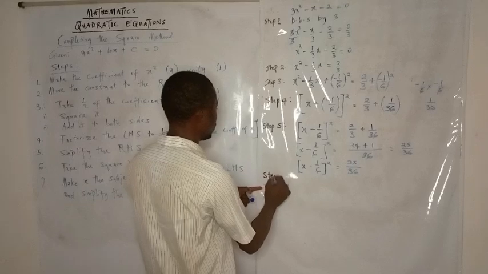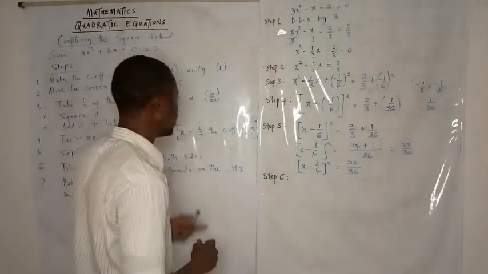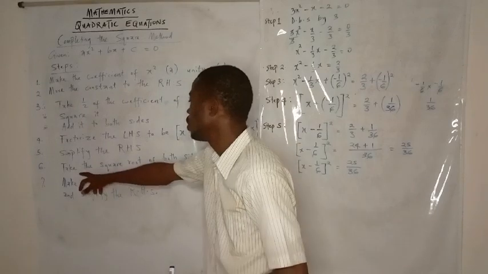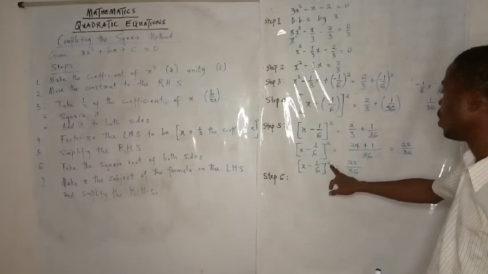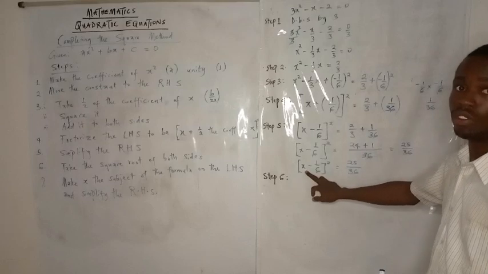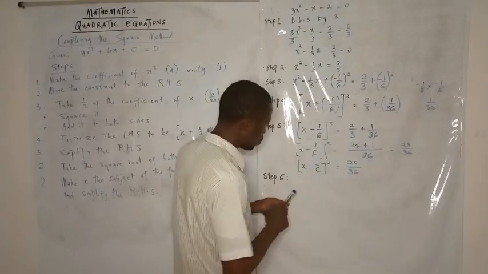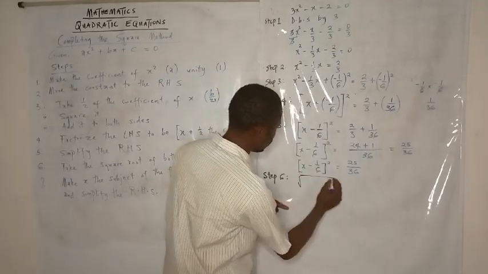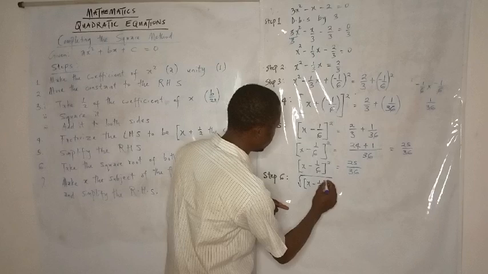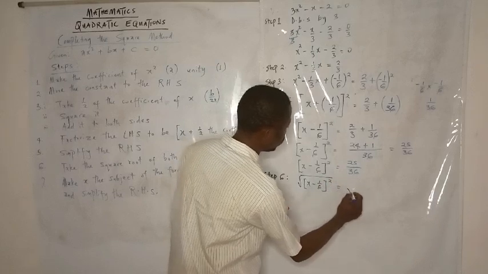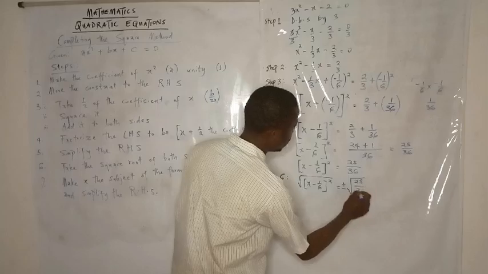Then step 6 says take the square root of both sides. So we want to remove the squares here so we can make x the subject of the formula. So we take the square root of both sides and we'll have that, root of x minus 1 over 6 all squared is equal to plus or minus root 25 over 36.